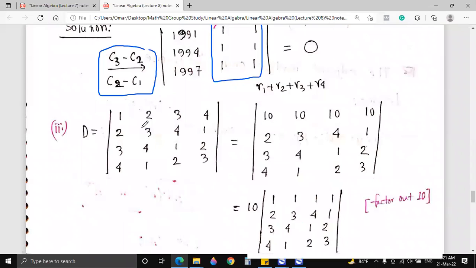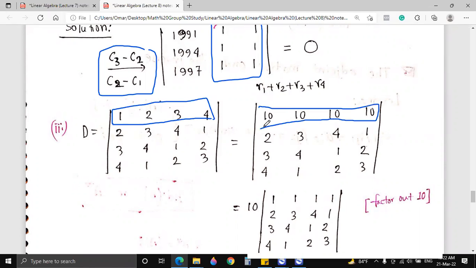And here we are trying to make this 2, minus 3, 3, 4, 1, 2. We are trying to make all the values of the first row the same.